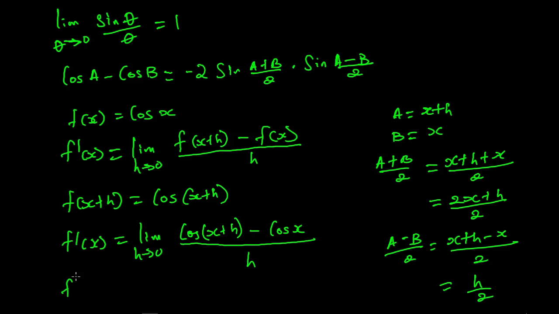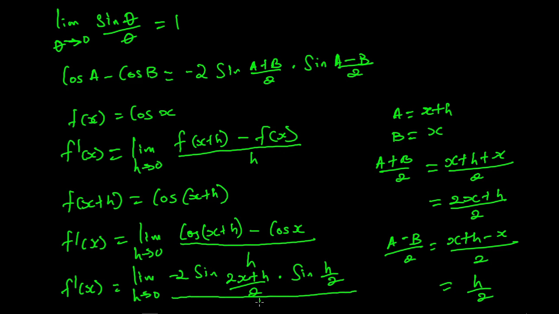That means f prime of x is going to give us the limit as h tends to 0. cos(x plus h) minus cos x is going to result in negative 2 sin((A plus B) over 2), which is the same as (2x plus h) over 2, multiplied by sin((A minus B) over 2), which is the same as h over 2, all over h.